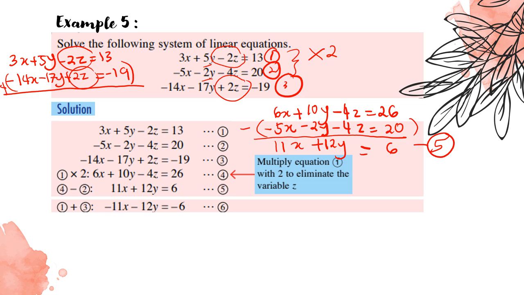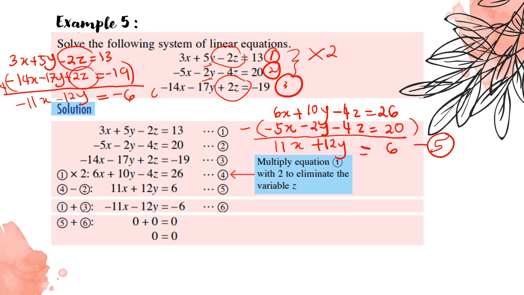So 3 plus negative 14, you will get negative 11x. 5 plus negative 17, you will get negative 12y. Negative 2z plus 2z becomes 0. 13 plus negative 19 is equal to negative 6. So this is equation number 6.